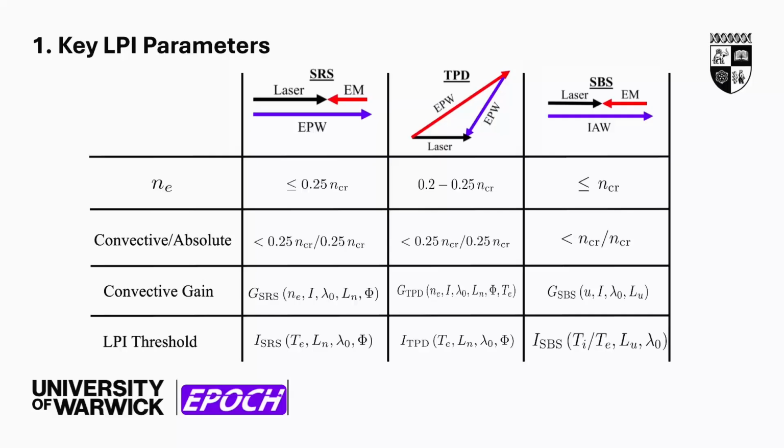Electron plasma waves and electromagnetic waves have a heavy density dependence, so you can only go up to this section of the density ramp. Whereas for stimulated Brillouin scattering, your ion acoustic wave has a sonic dispersion relation with quite a weak dependence on density, so you can see it all the way up to the critical density.